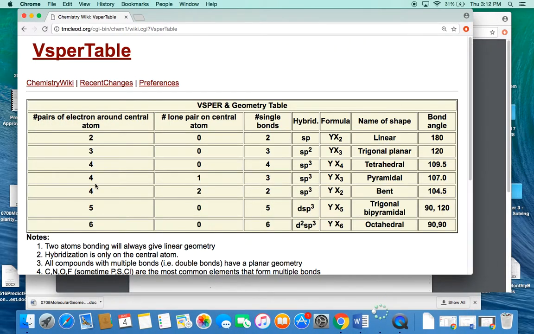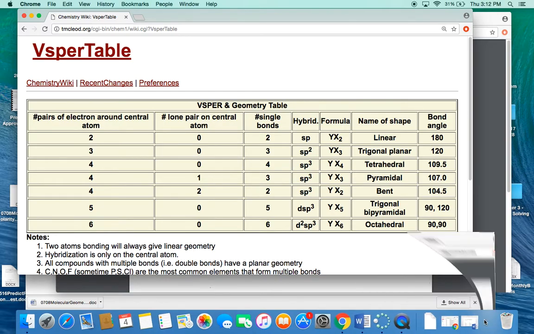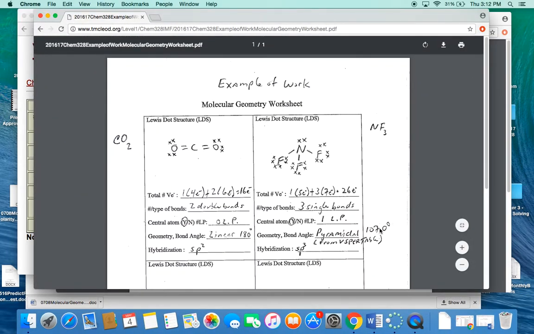So you go to 4, and in this case we have 3 single bonds and 1 lone pair. That name is pyramidal, and it has a bond angle of 107.0. Pyramidal, 107 bond angle.